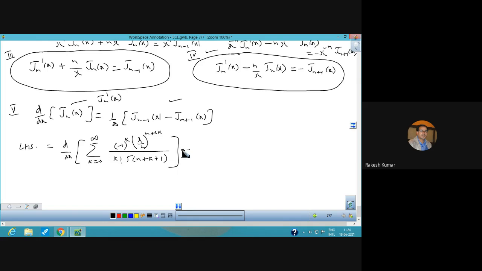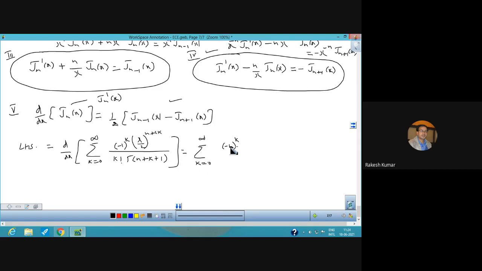Now we have to find the derivative of this term, with respect to x. So summation k from 0 to infinity, (-1)^k, and finding the derivative.